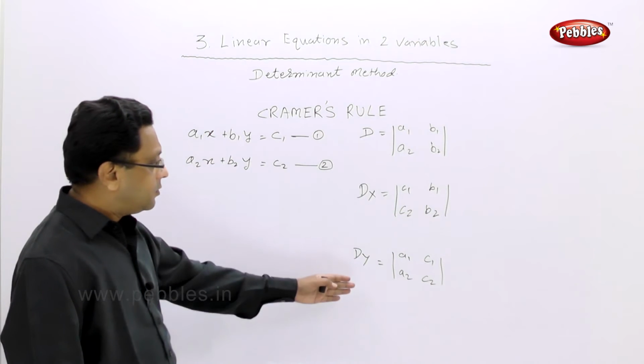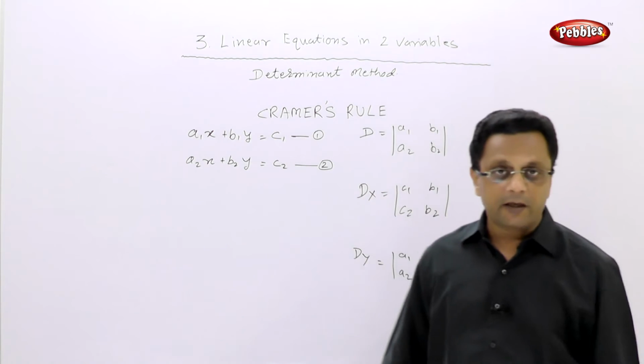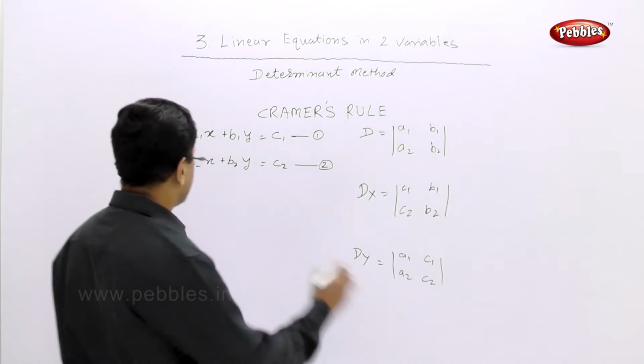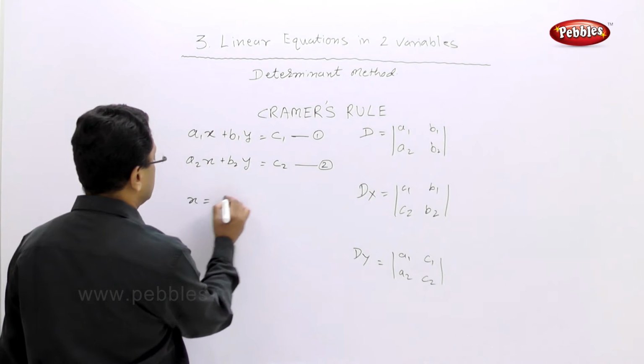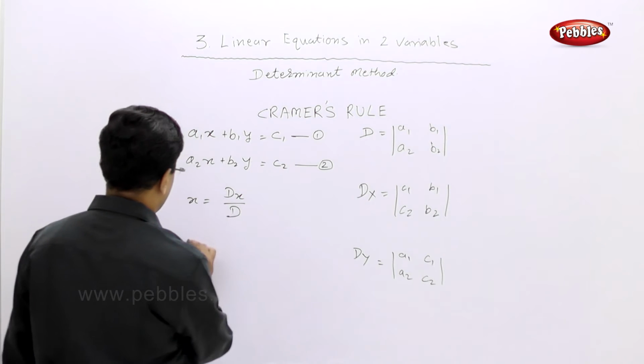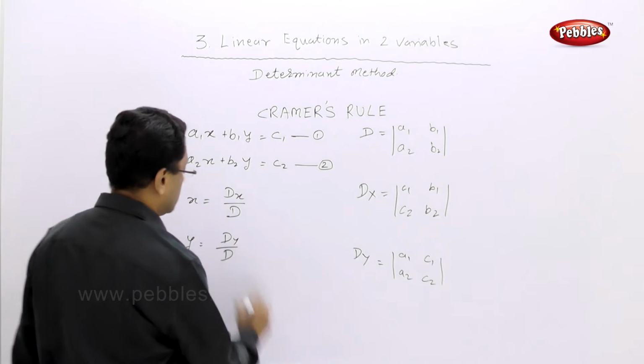Once you find these three values by solving the determinants, you can find x and y by Cramer's rule. x is equal to Dx upon D and y is equal to Dy upon D.